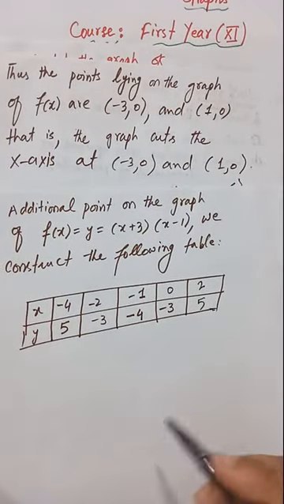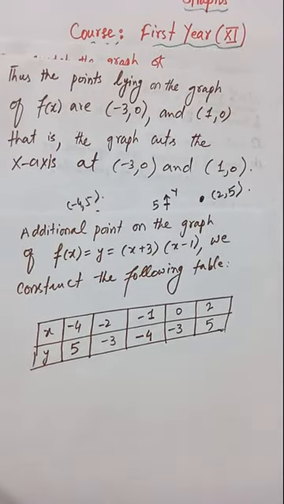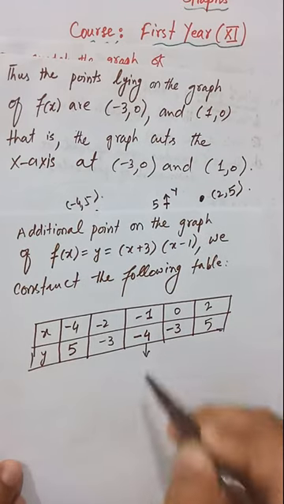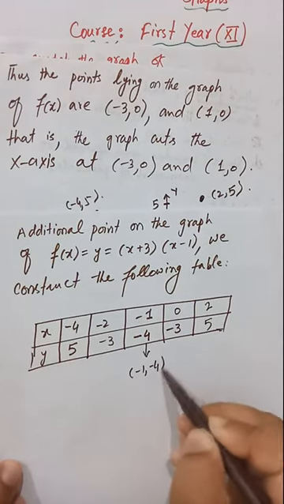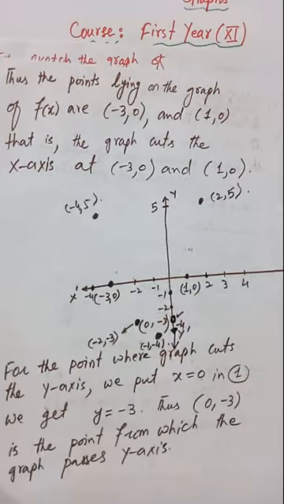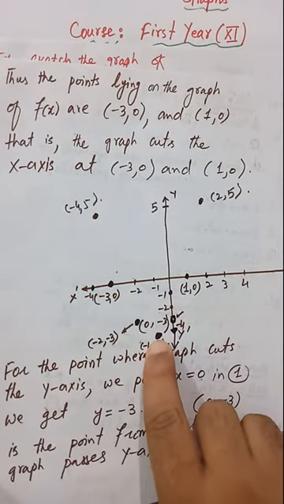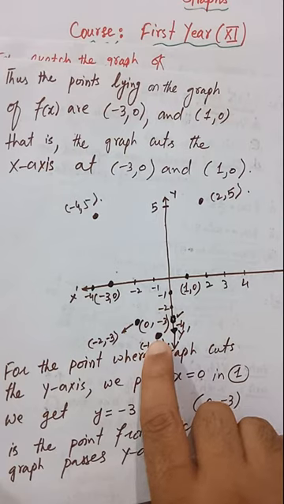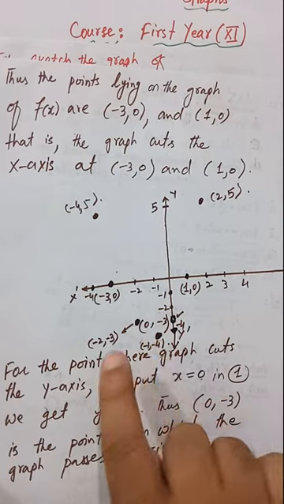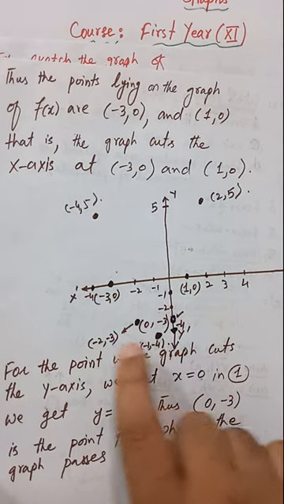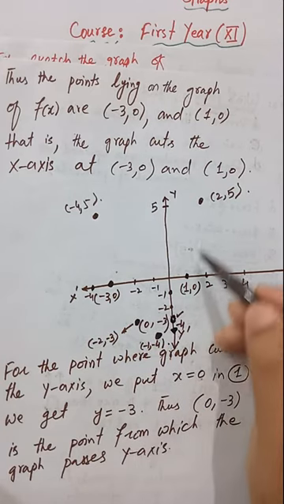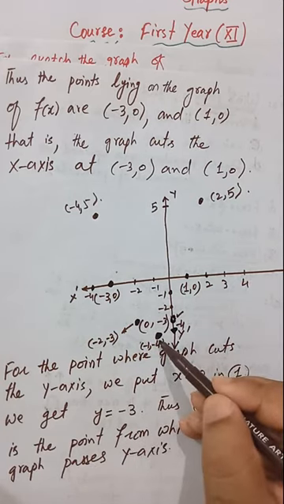From this table, you see that the ordered pair (-1, -4) is your vertex. It is the lowest point when I pass the graph through these points. So that is your vertex.